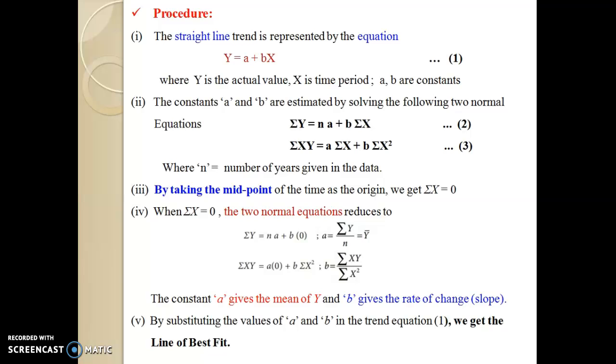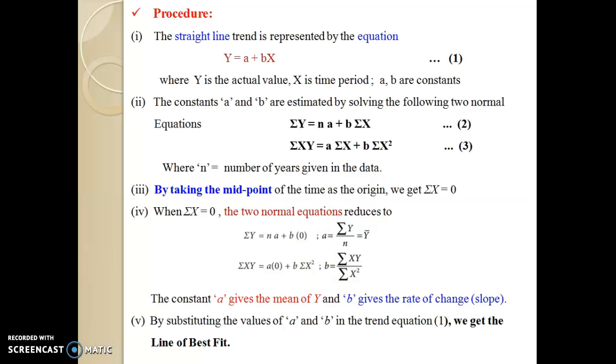Small a and b are constants. The values of a and b are obtained by solving the normal equations. The normal equations: summation of y equals na plus b summation of x, and summation of x y equals a summation of x plus b summation of x square.